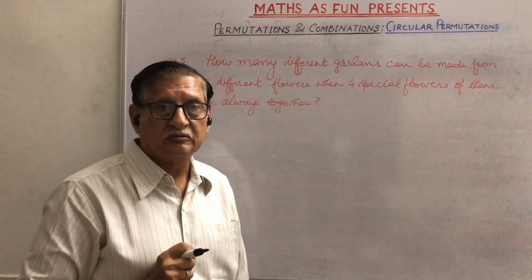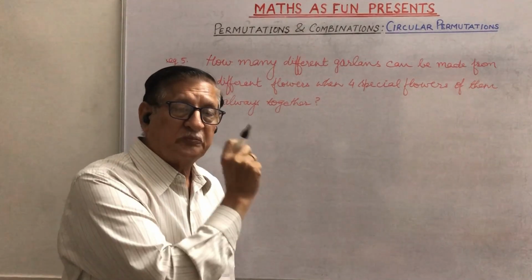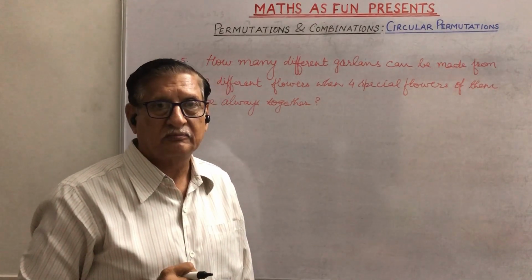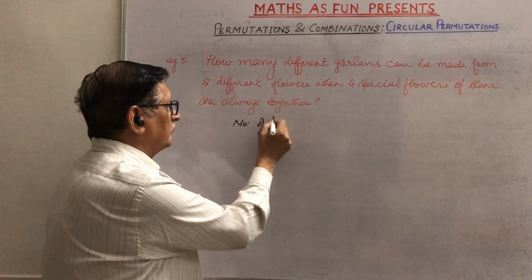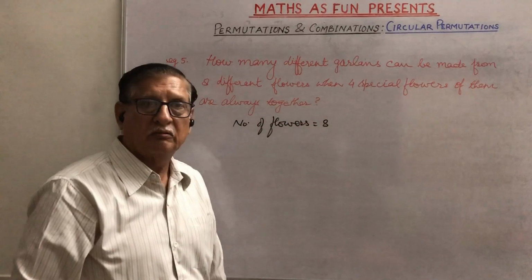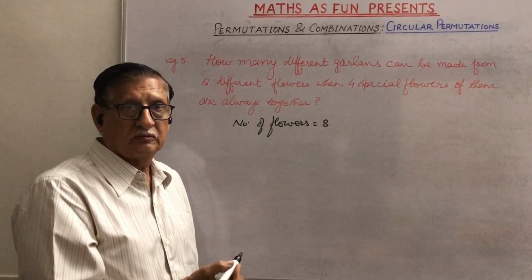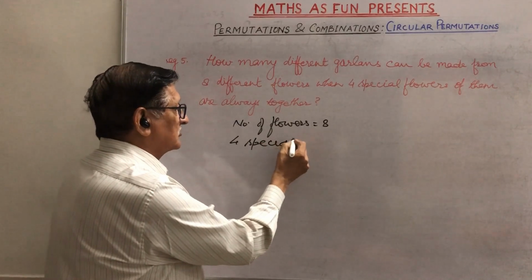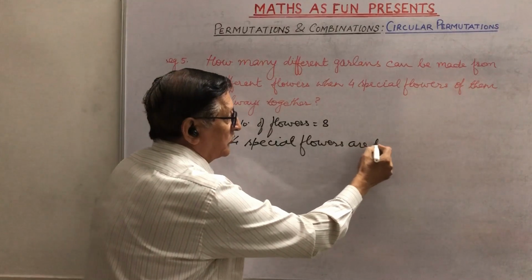The next example we are going to discuss is how many different garlands can be formed from 8 different flowers so that 4 special flowers of them are always together. So number of flowers here we have is 8 in total, out of which 4 are special flowers. 4 special flowers are to be together.